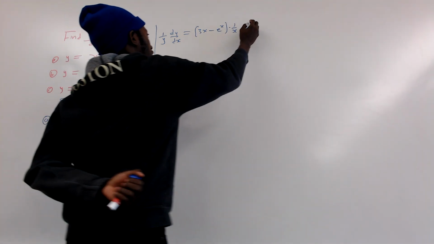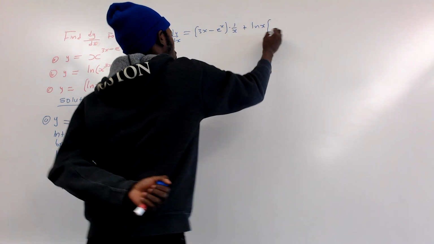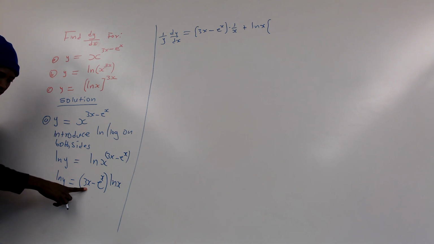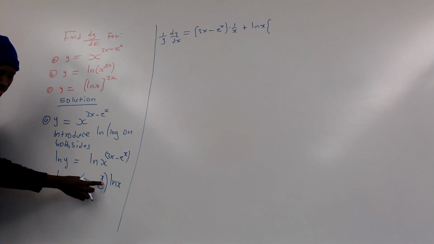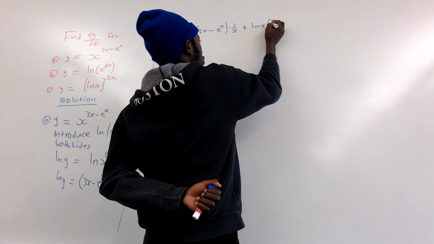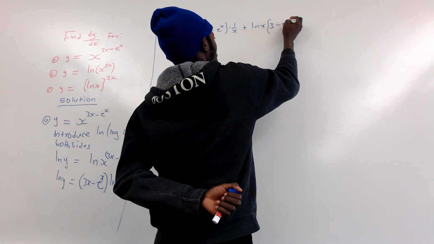Plus, now we keep ln x constant and differentiate the bracket. So this is going to be the bracket 3x minus e raised to the power x times 1 upon x, plus, keeping ln x constant, we differentiate the bracket: the derivative of 3x is 3, and e raised to the power x remains the same. So this will be 3 minus e raised to the power x.